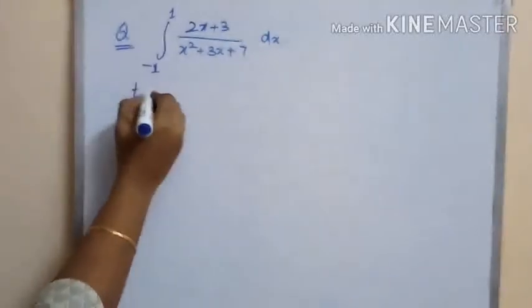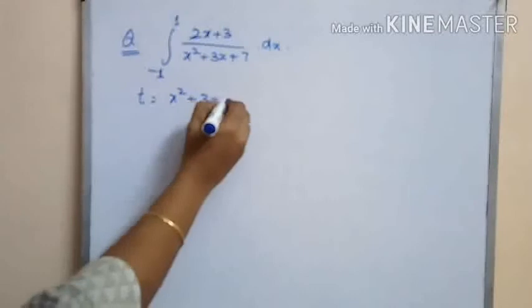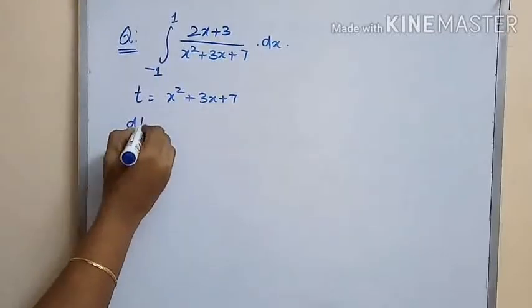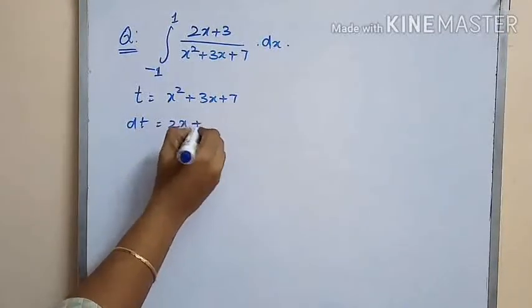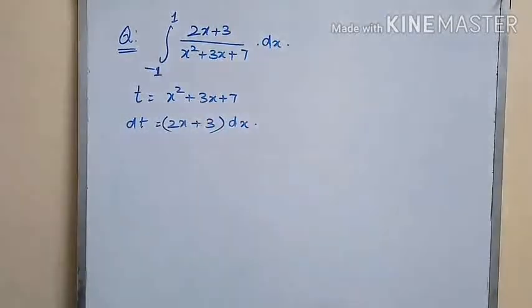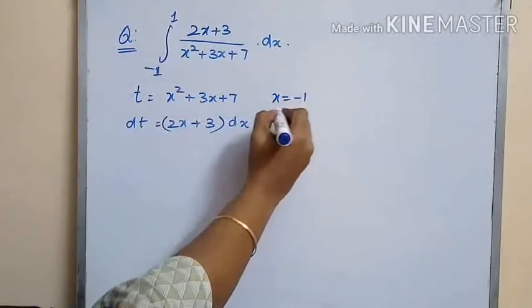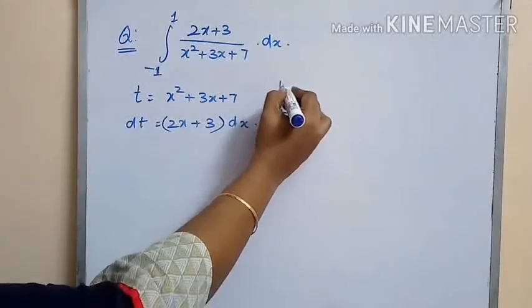The next problem for today's session is integral from minus 1 to 1 of (2x plus 3) into dx by (x squared plus 3x plus 7). Let us substitute t is equal to x squared plus 3x plus 7. dt is equal to (2x plus 3) into dx.